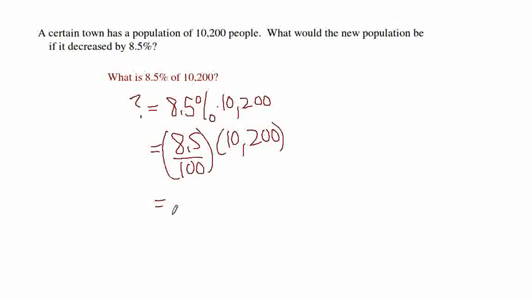You will get 867. Okay? You can confirm that that's indeed what you get. So again, that's not the answer to the original question. That's how much we have to subtract from 10,200. So now let's go ahead and do the subtraction.